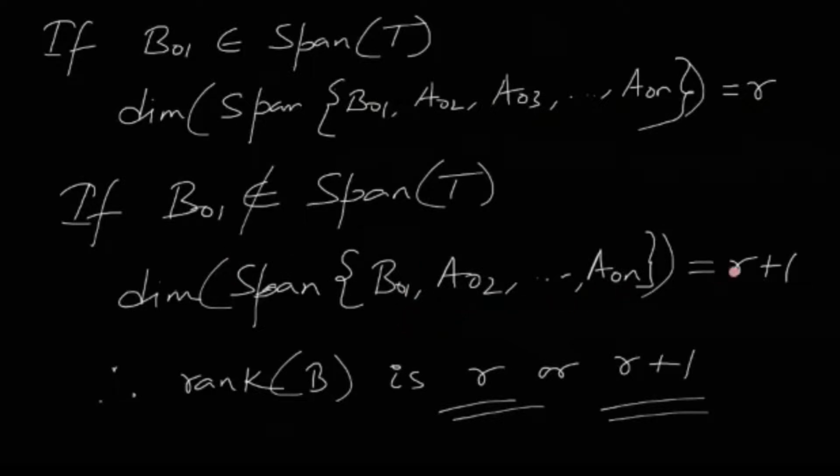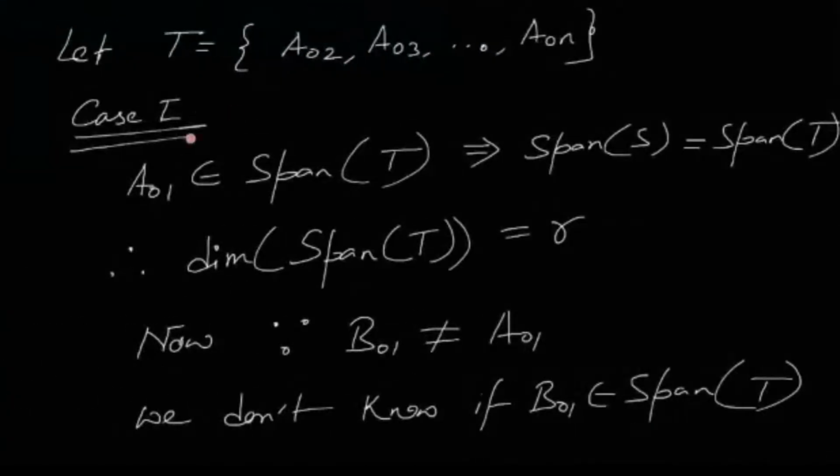In that case, the dimension actually increases because this vector cannot be created by this set. So the subspace is not the same anymore. It is something new, and the dimension is R plus 1. That means the rank of B is either R or R plus 1. So this is case 1.